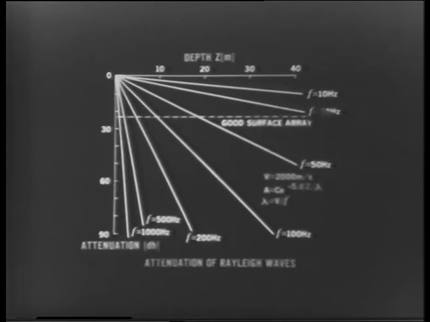And that's about the effect that a good surface array would have on these waves. But when you're dealing with the 100 to 200 hertz band, you can see that a depth of 10 to 15 meters will attenuate these very strongly, down around the 50 dB mark. It means that you've got to use low-cut filtering when you record, in many cases, to eliminate these surface waves.